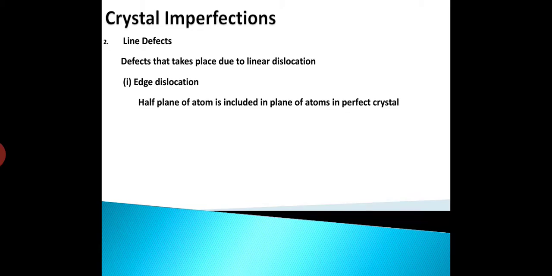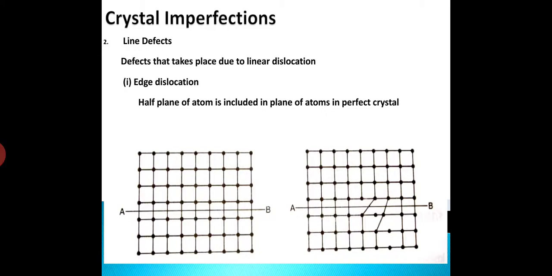It is due to an extra half plane being added or missing in a crystal plane. As shown in the figure, the first figure shows a regular arrangement of atoms. In the second figure, that arrangement is dislocated or changed due to an extra half plane being added or missing.